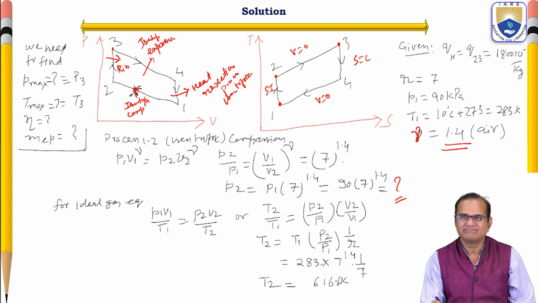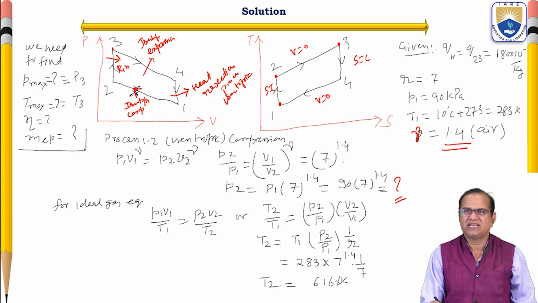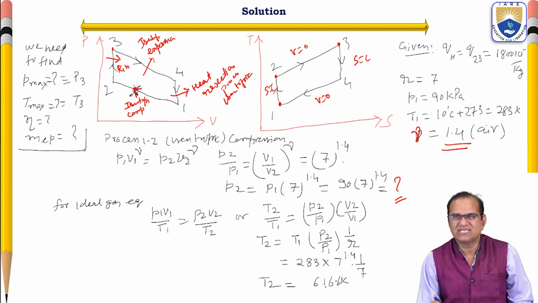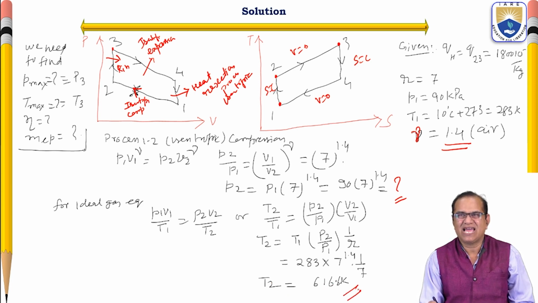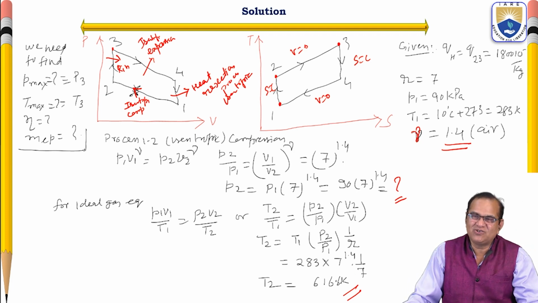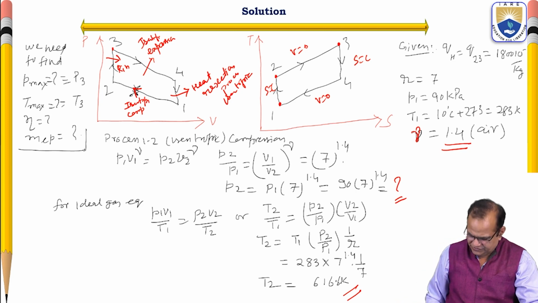Here T1 is equal to 283, and P2 by P1 is equal to 7 to the power 1.4 divided by 1 by 7. So here you will get T2 is equal to 616.6 Kelvin. Okay, so here the pressure ratio and the compression ratio are mentioned as the same. So this we have to see.